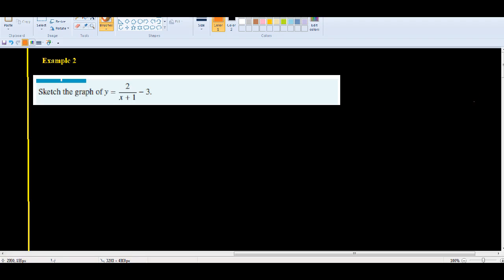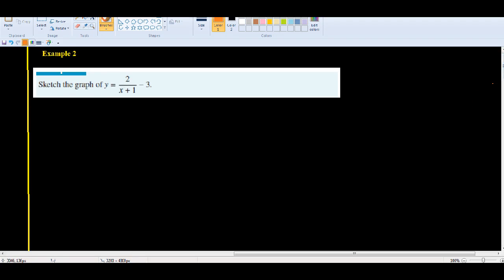To sketch a graph, you need at least 3 things: the horizontal asymptote, the vertical asymptote, and, if possible, one extra point, which would possibly be the y-intercept or x-intercept. So let's see how we could draw this graph.